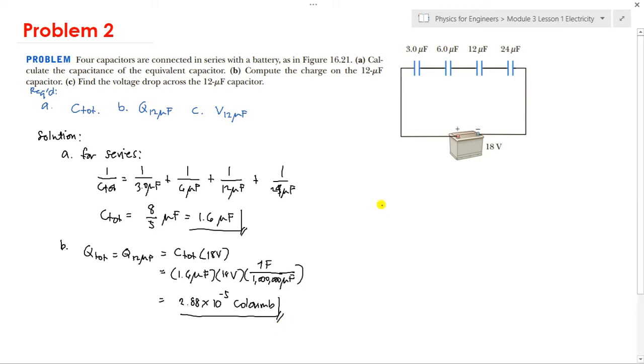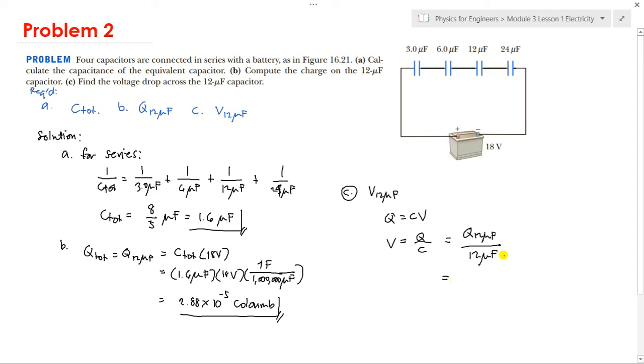Then the voltage drop. For the voltage drop across 12 microfarad, we go back to the capacitance equation, that is Q equals CV. So therefore V is just equal to Q over C. That is Q at 12 microfarad all over the capacitance there, which is 12 microfarad.